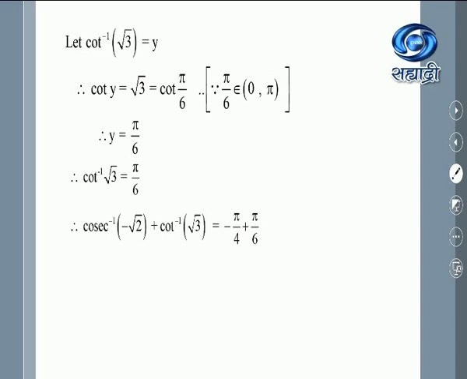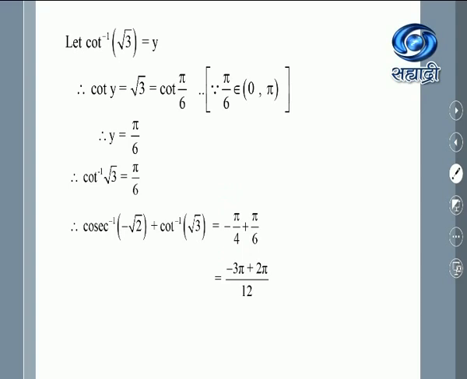Now write down the expression which is given to you. Cosec inverse of minus root 2 plus cot inverse of root 3 is equal to whatever values you got, that we'll have to substitute here, which is minus pi by 4 plus pi by 6. Find out the LCM. LCM is 12. So to this term we'll have to multiply numerator and denominator by 3. So this will give you minus 3 pi.